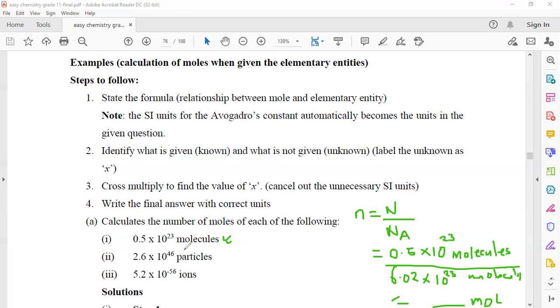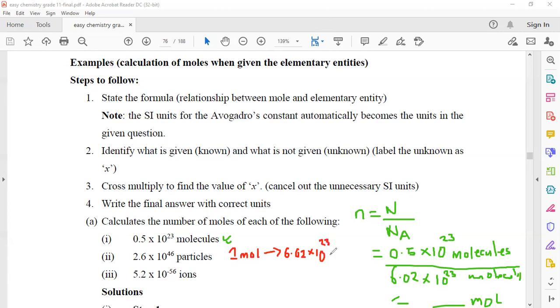So what does the relationship state? The relationship states that one mole is equal to 6.02 times 10 to the power 23.